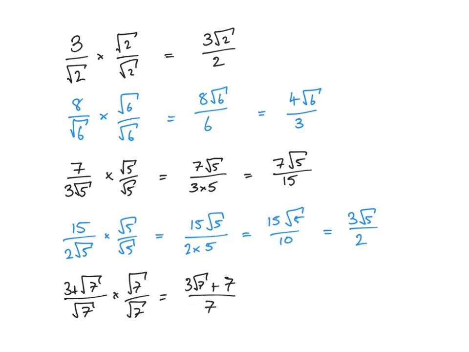You can't divide it by 7, so we're just going to leave that as it is. Whereas in the previous one, 15 root 5 over 10, this is one term on top, 15 root 5. So 5 goes into 15 root 5 and 5 goes into 10, so we can divide through by 5 here. In this last example, we can't divide through by 7.